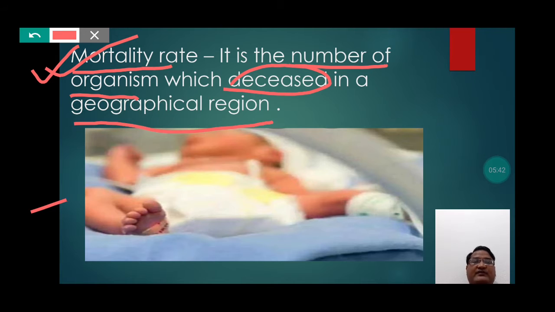So students, here in this picture you can easily notice that the newborn was not able to survive, and if we count the total number of deceased newborns in a particular area, then that will be designated as the mortality rate.